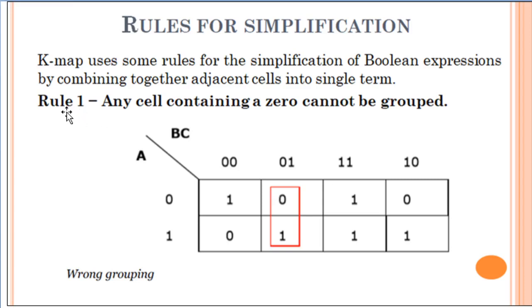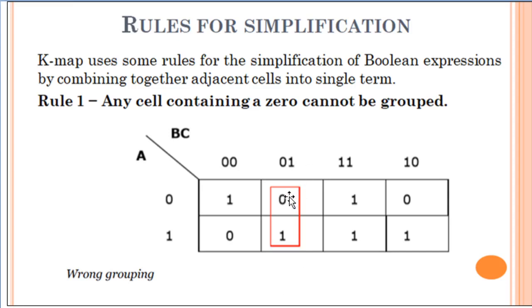The first rule of grouping is that any cell containing a 0 cannot be grouped. That means the min terms which are not part of the given function cannot be grouped with their adjacent cells.